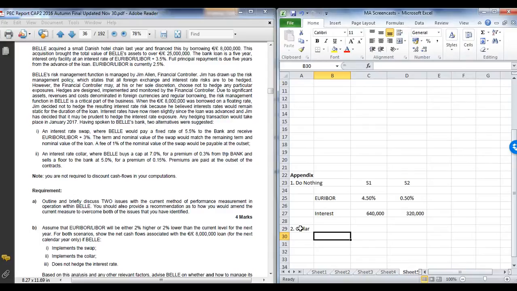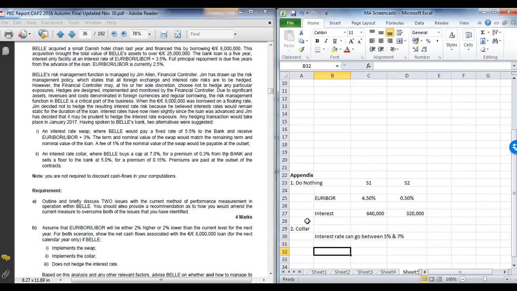So a floor is obviously valuable to the bank, because the bank will have a minimum amount of interest rate. So in this case here, they have a collar, so the interest rate can go between 5% and 7%. So it can't go higher than 7, it can't go lower than 5. So that's what it means, you're in a collar within that 2% buffer zone.